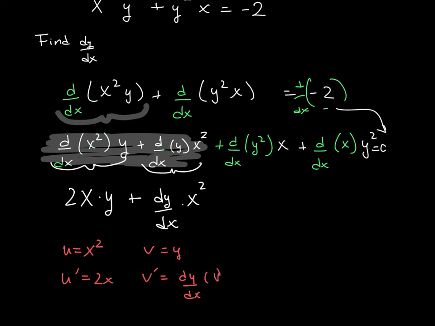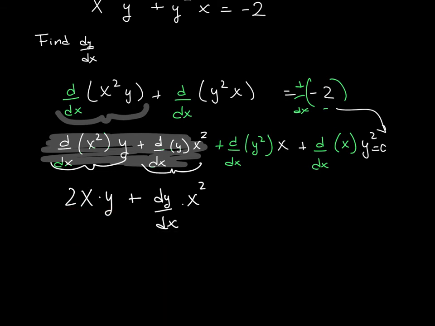You'll see that you get the same answer either way. It is 2x times y for the first term, and then x squared times dy/dx for the second portion.